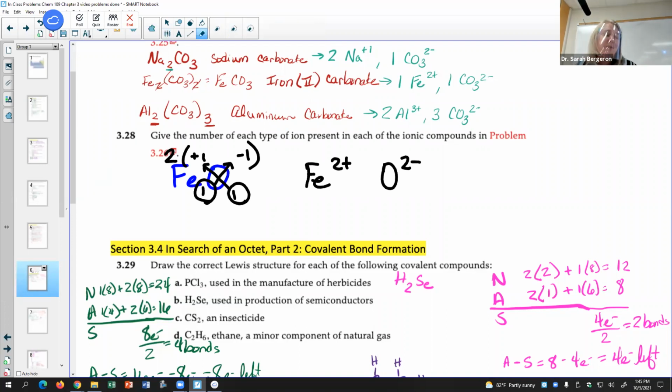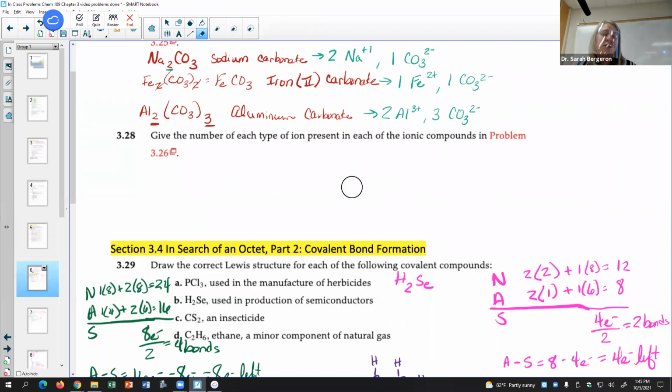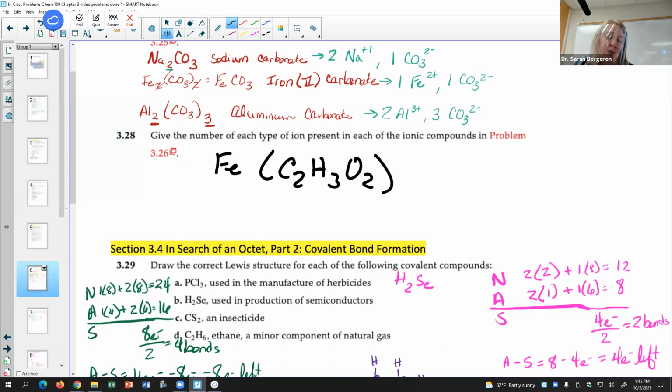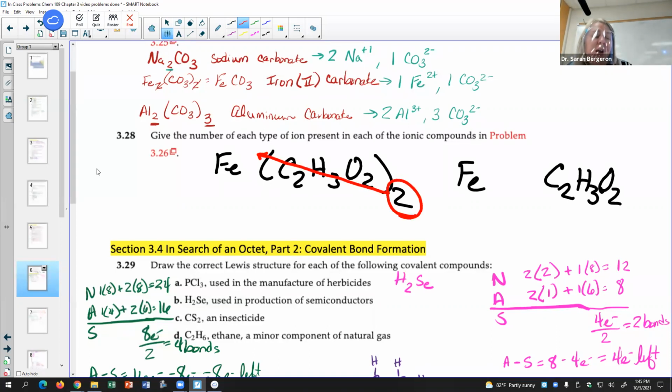Okay, let's do another one with iron, because iron's one of those transition metals and keeps you on your toes. Fe(C2H3O2)2. What's the charge on iron and what's the charge on acetate? What do you think? We take it and do the crossover. Iron would be a 2+.